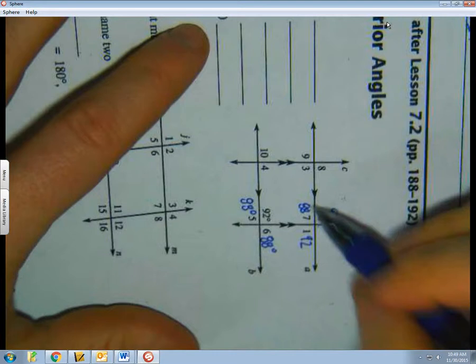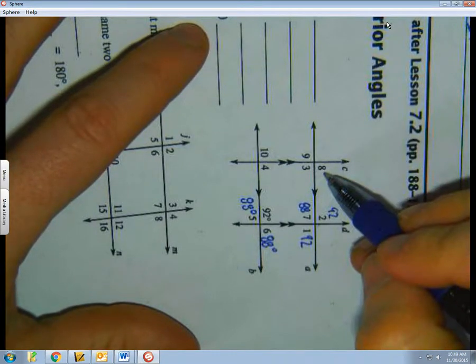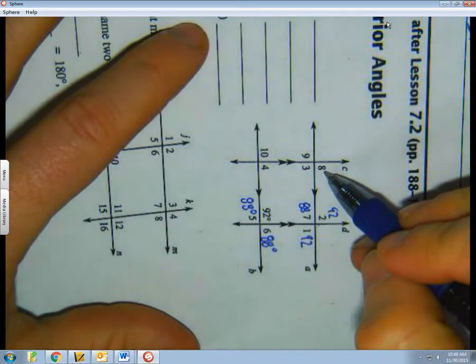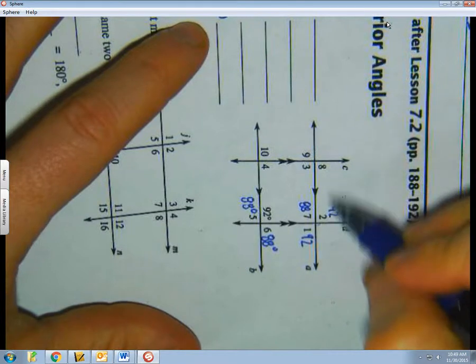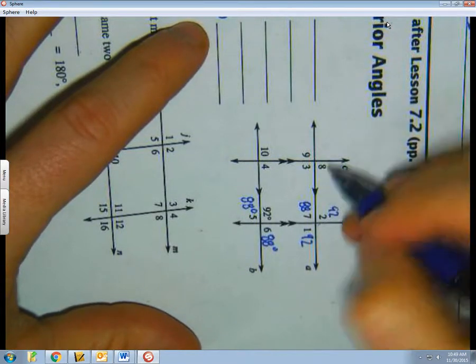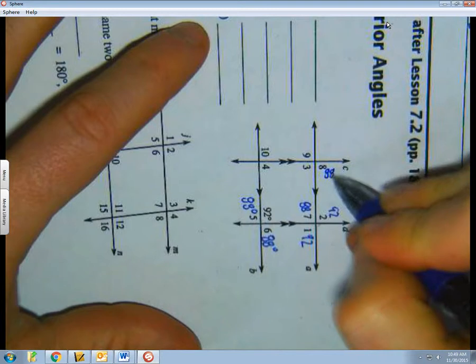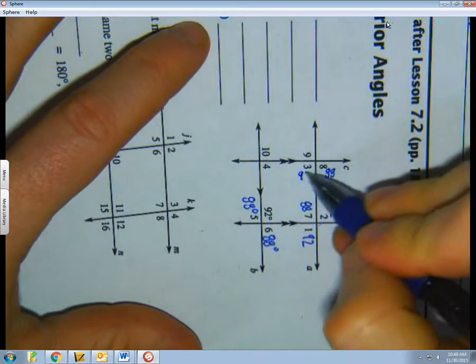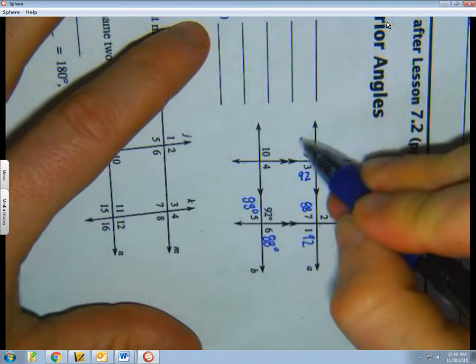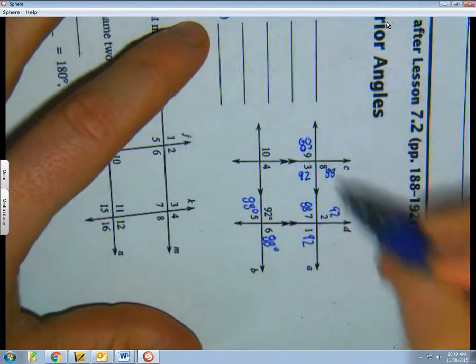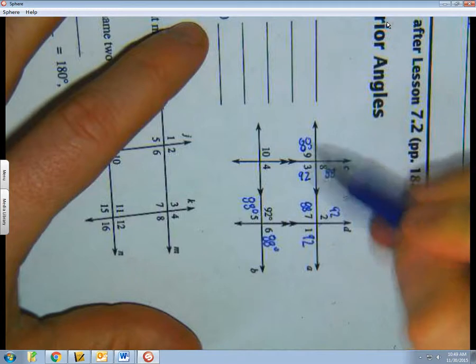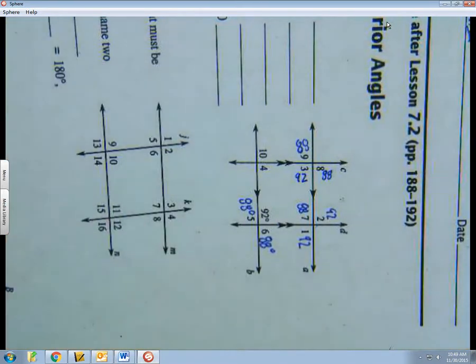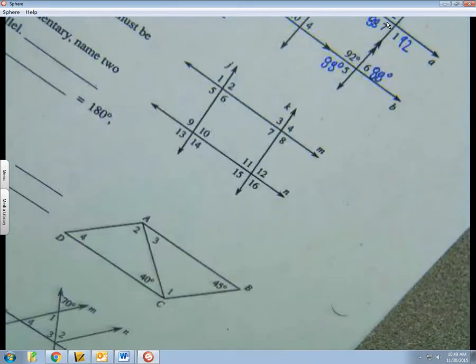So if this is 88, that's going to be 88, and those two are going to add to 180, which works. Those add up to 180, those are the same. Same thing over here. If I've got that one, I've got that one. So those should add up to 180. So there's checks and ways of just going through it, and then I'll spin it back to finish it.